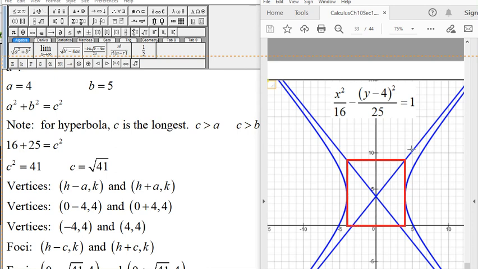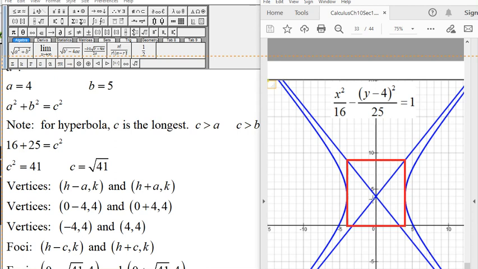And then we can see that the slope of this asymptote is going to be 5 up and 4 over. So the slope will be 5 over 4. Remember, slope is the rise over the run. So we would go up 5 and go over 4. And then the slope of this line is going to be rise 5 and then run to the left 4. So the slope of this diagonal will be negative 5 over 4.